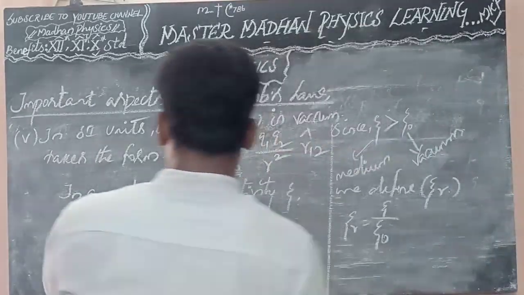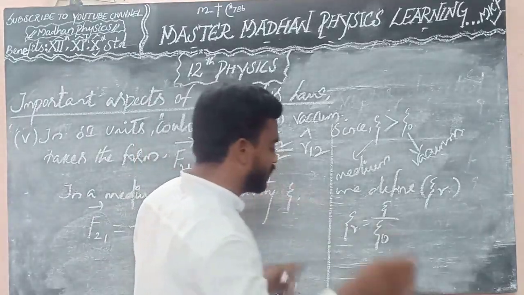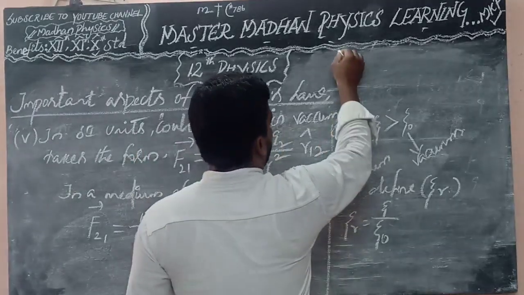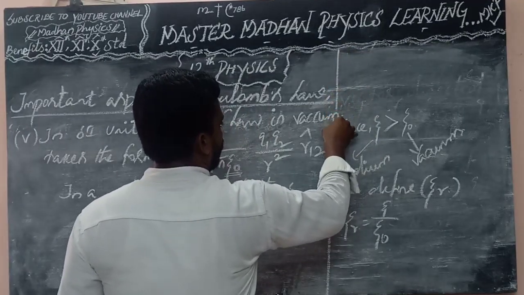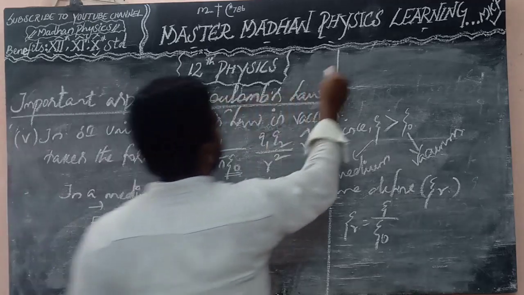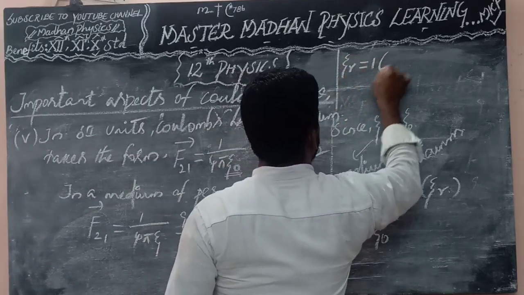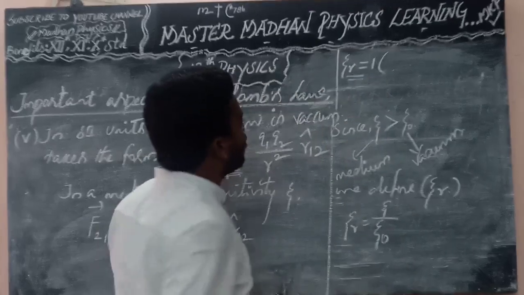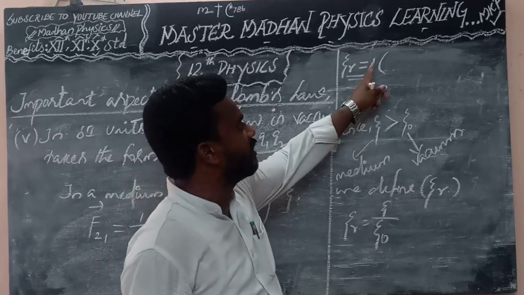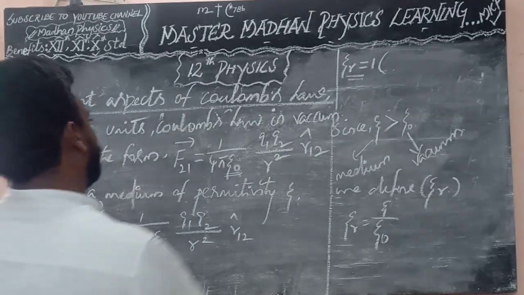So for a vacuum or air, this is very important, keep in mind students: what is the value? Epsilon r is equal to 1. The relative permittivity value equal to 1 means air or vacuum.